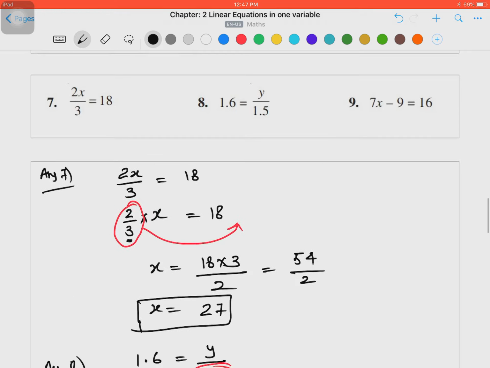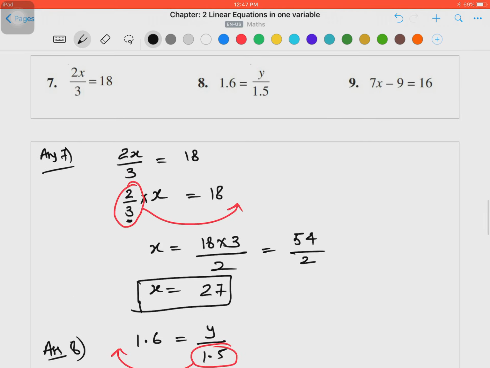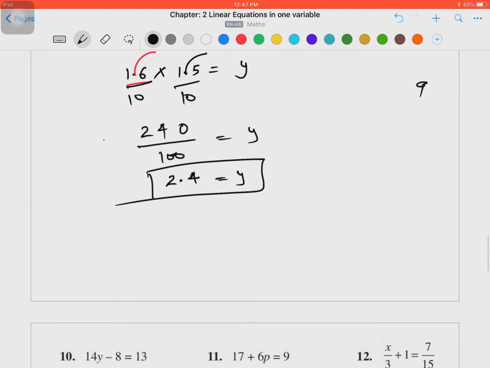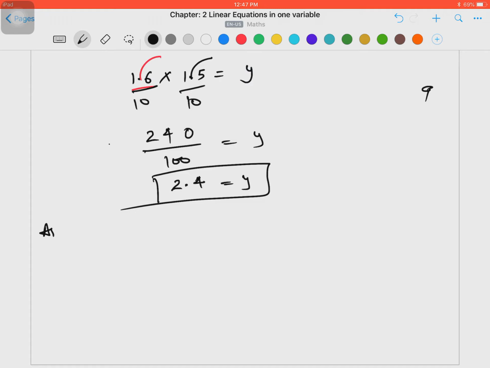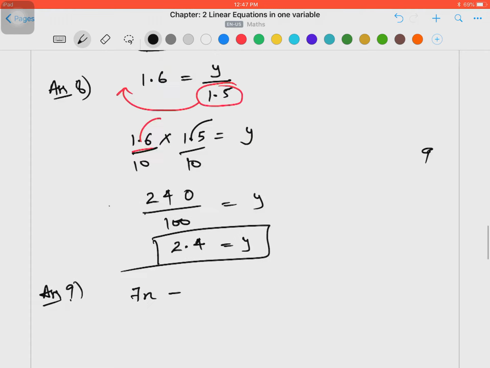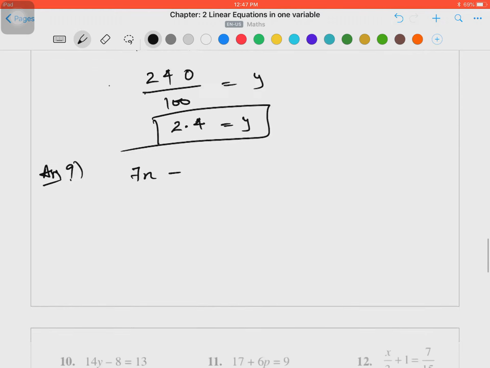Then the next one is, we have 7x minus 9 equals 16. This is answer number 9. 7x minus 9 equals 16.